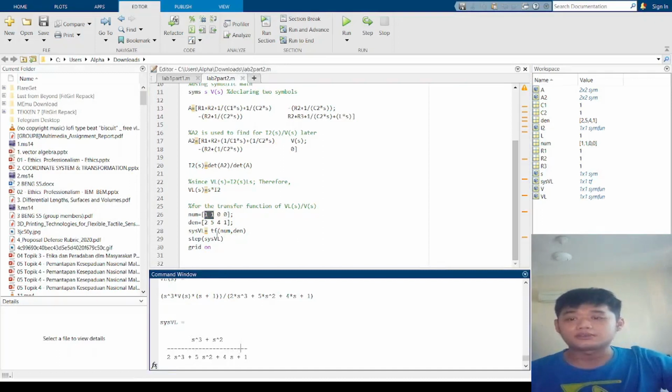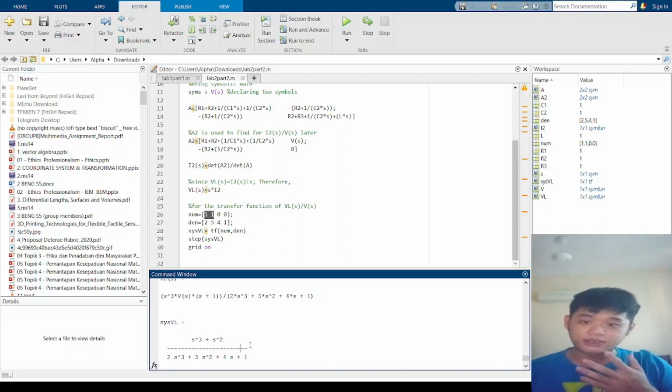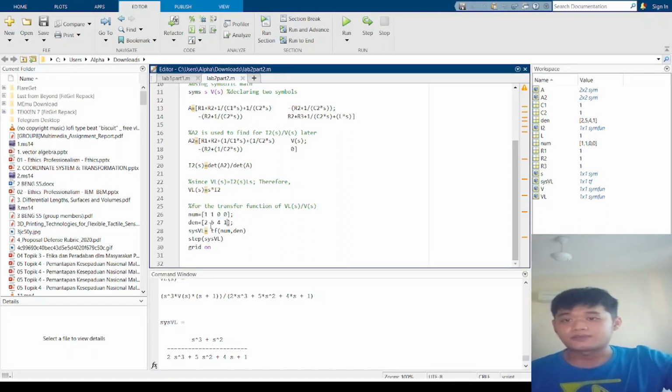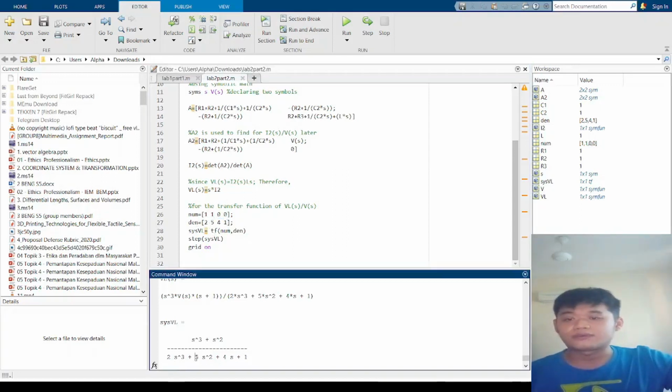Since this is s cube and this is s square, for the normal s and also for the normal integer, there isn't any number over there. So basically just put them 0, 0. And then for the denominator part, we can see there is 2 on the s cube, 5 on the s square, 4 on the s, and 1 on the integer. So basically it's just the same as the previous lab, which is just copy and paste everything here.